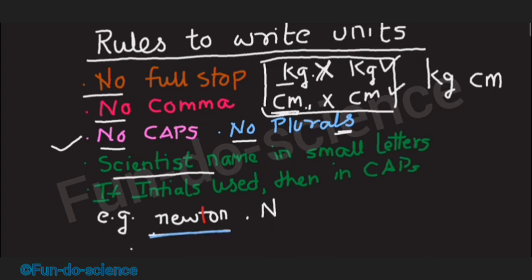Like in English grammar, we always start with a capital letter for the proper noun. Here we are using a proper noun because we are using a name, but we always write it in all small letters and no capital letter if I am using the full name of the scientist. But if I am using only the initials, then one capital letter for the initial is used.